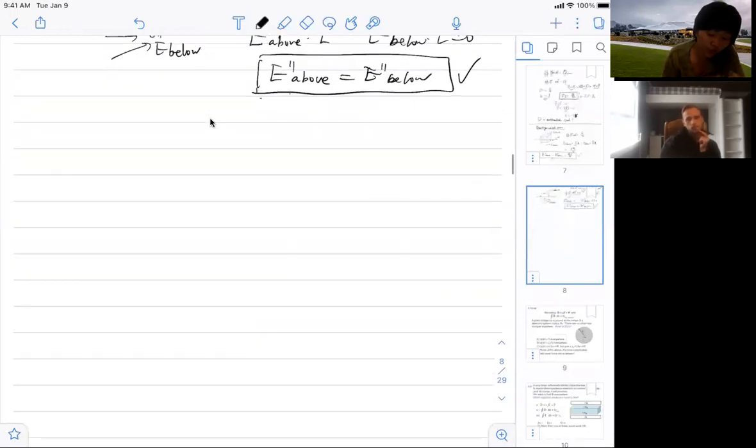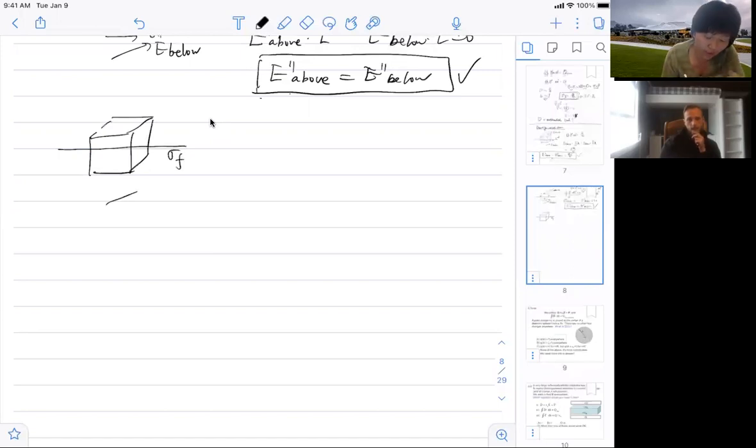So here, what do we do if we have the D field? We do the same thing. We need some free charges. If we have some free charge density here, and you may have D below, you may have D above.